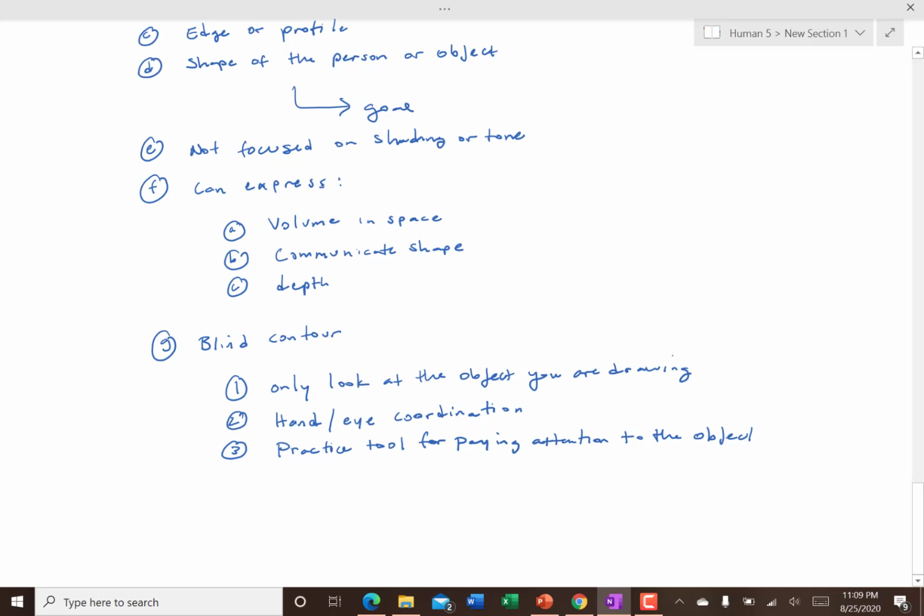This tends to go in with continuous contour, and continuous contour is when you don't pick your pencil up.